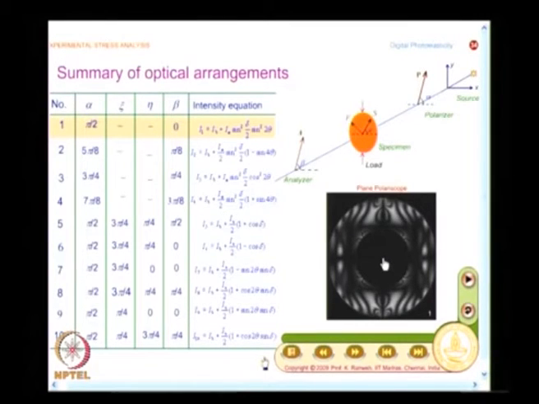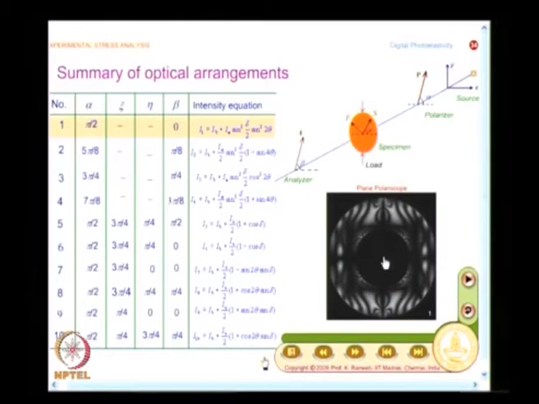So, the first 4 steps of the 10-step method are essentially a plane polariscope. You keep the polarizer analyzer combination crossed. So, when I say pi by 2, 0, when I say 5 pi by 8, pi by 8, they are crossed positions. So, I take 4 of them, and we will go one after another. You may not be in a position to write the intensity equation, just observe the philosophy behind it. And what we will see is, for each of these optical arrangements, you will have a different fringe pattern.